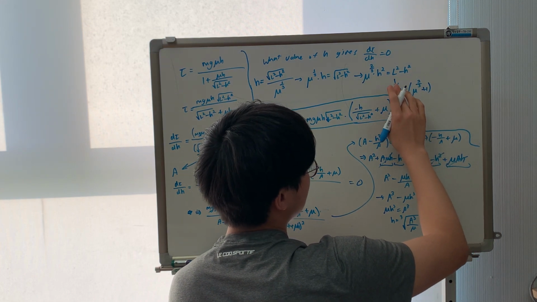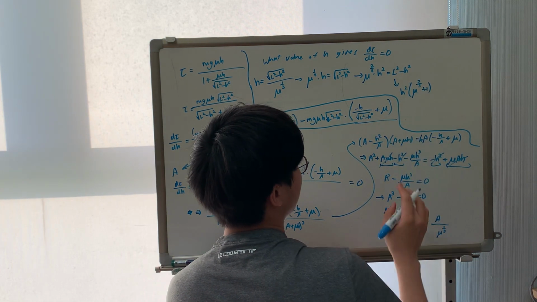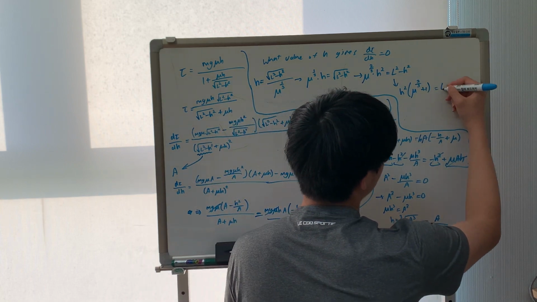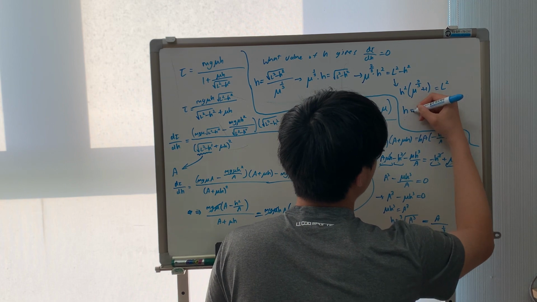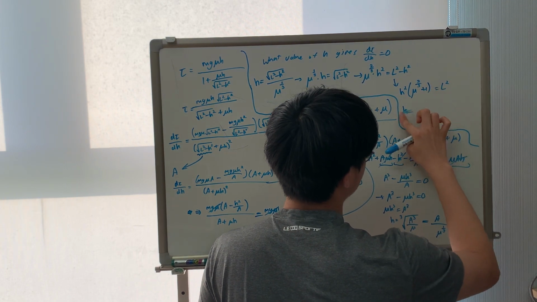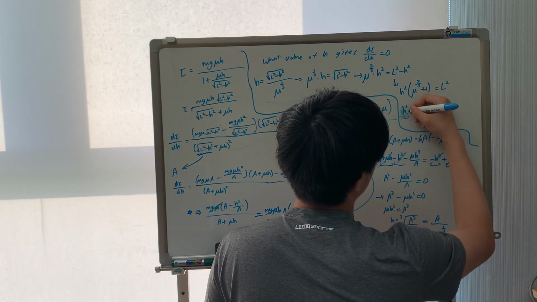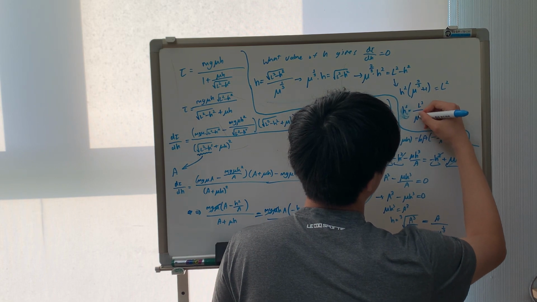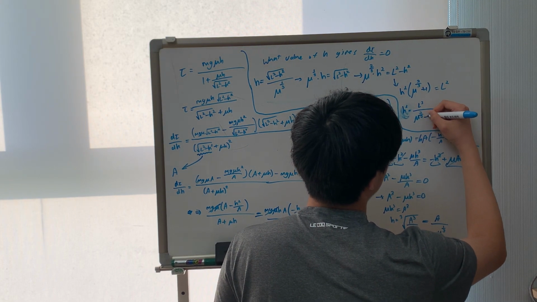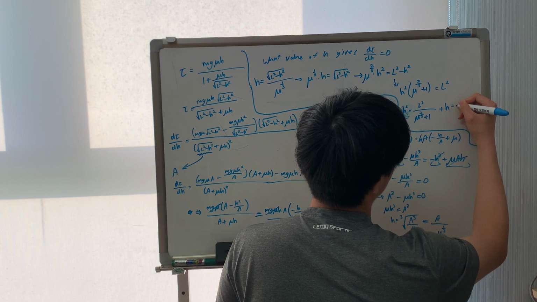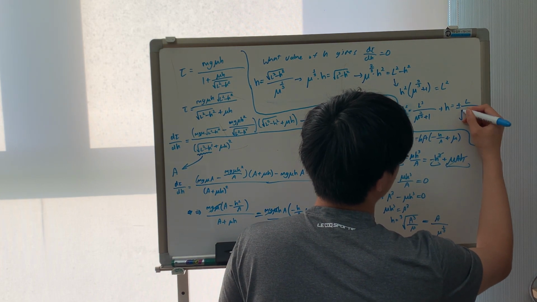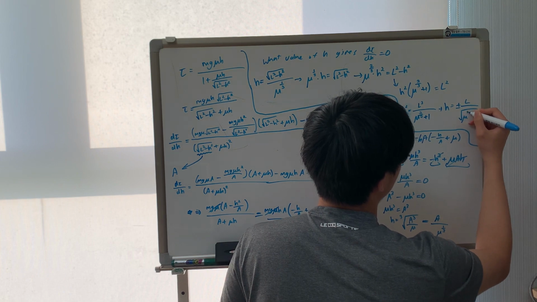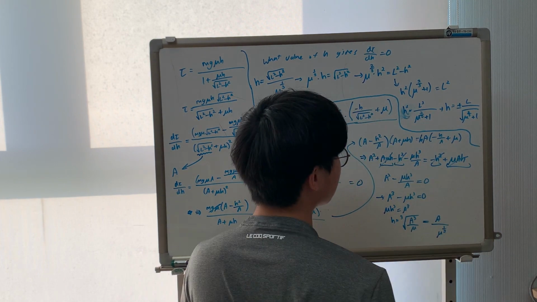So H squared times mu to the power of 2/3 plus 1 is going to give us L squared. And that's going to give us H squared is equal to L squared over mu to the 2/3 plus 1. So H is equal to plus or minus L over the square root of mu to the 2/3 plus 1.